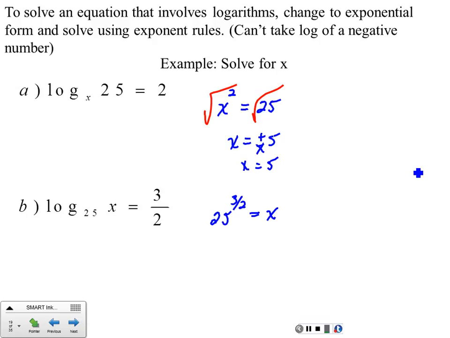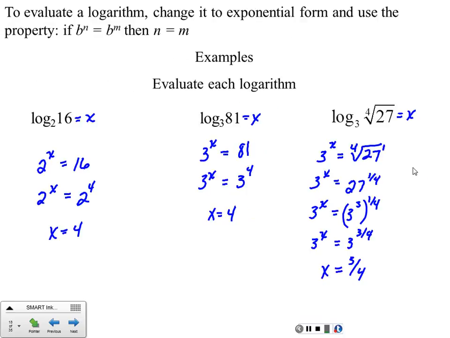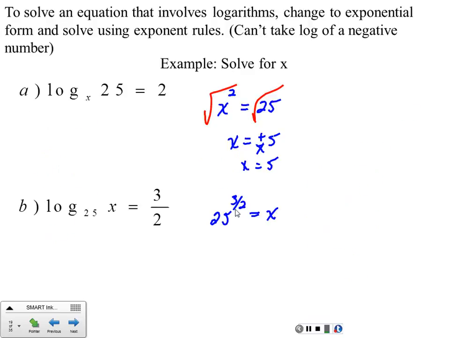So how would you go about solving this? What do you think? Watch this. Same thing that we were talking about here. You know how we went from radical to exponential? Let's go from exponential to radical and see what happens.